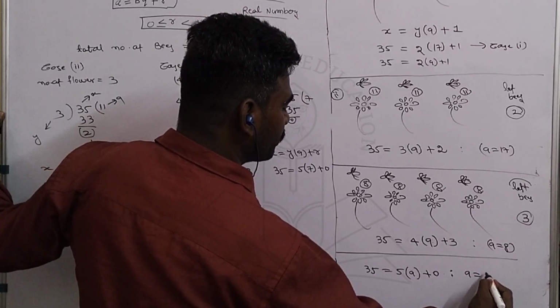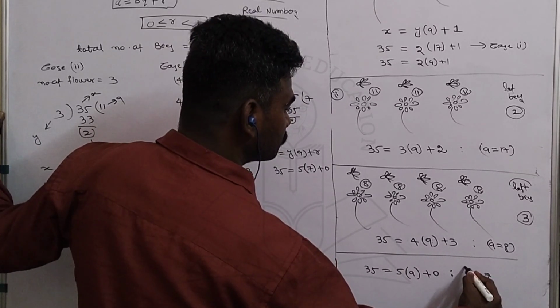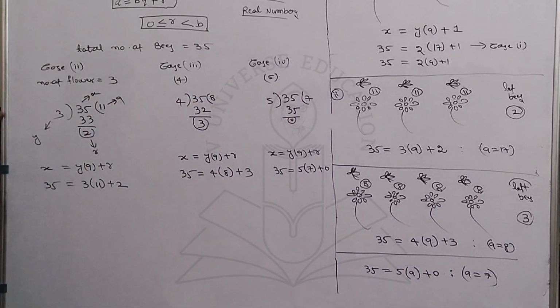Here a is equal to 7. So these are the cases for the given garden story.